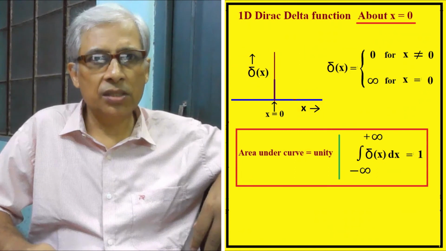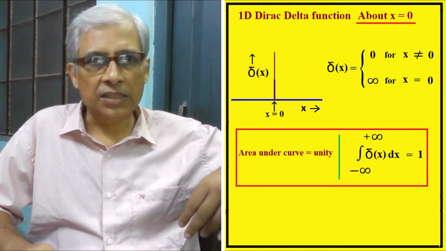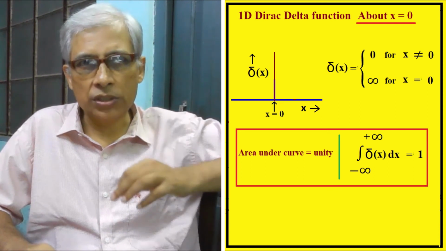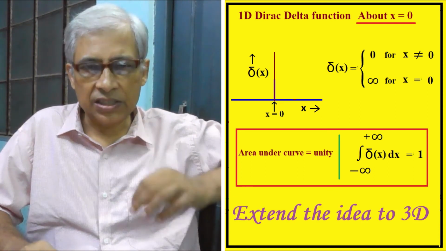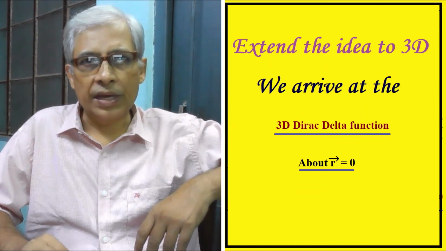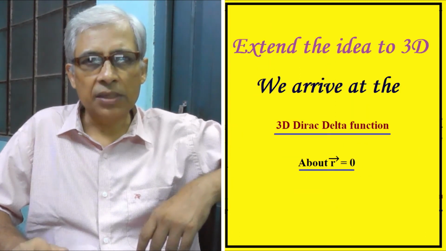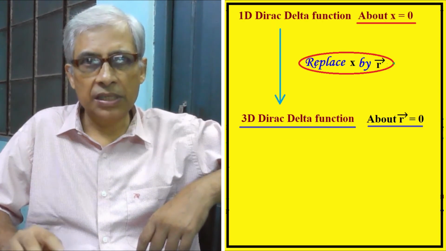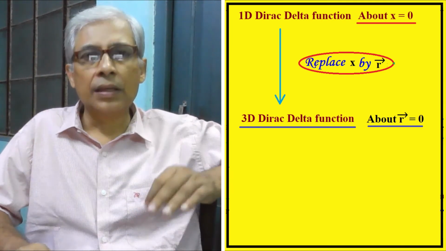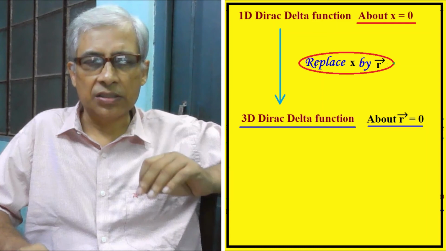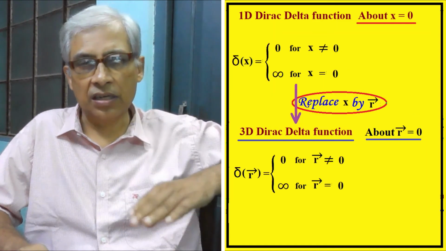The one-dimensional Dirac delta function has been defined and discussed, and this has been quoted. Let us extend the idea to 3 dimensions, and then what we arrive at is the 3-dimensional Dirac delta function. Let us represent it mathematically. In the one-dimensional Dirac delta function about x, let us replace x by vector r.